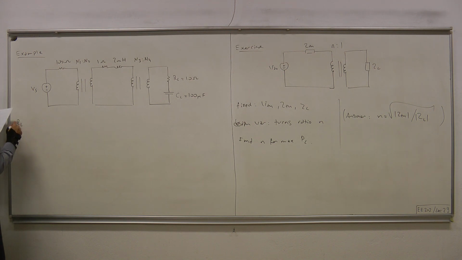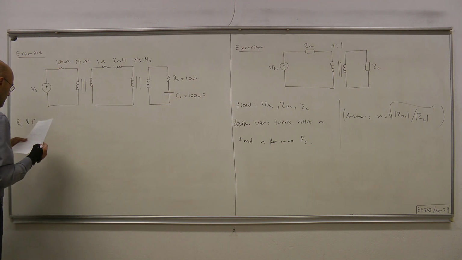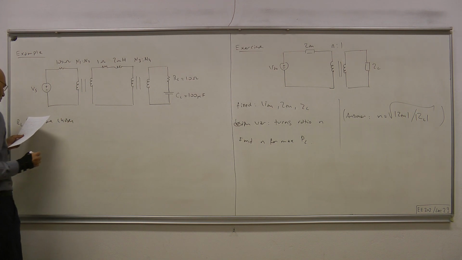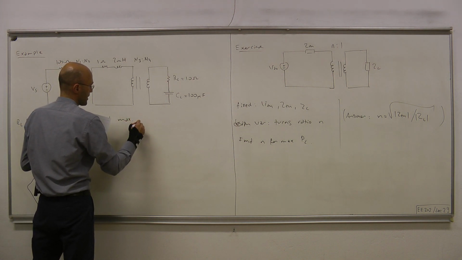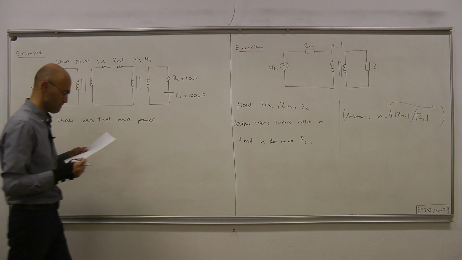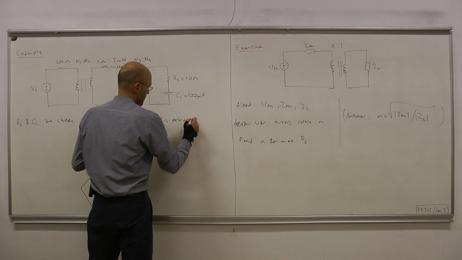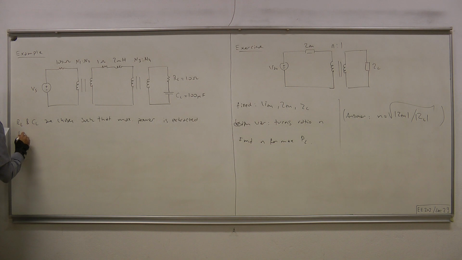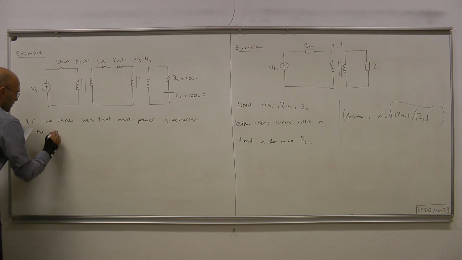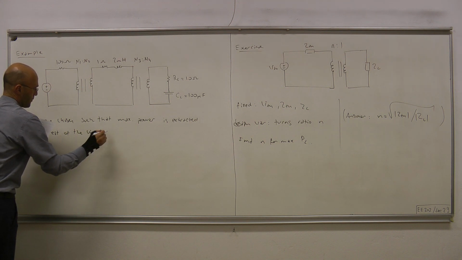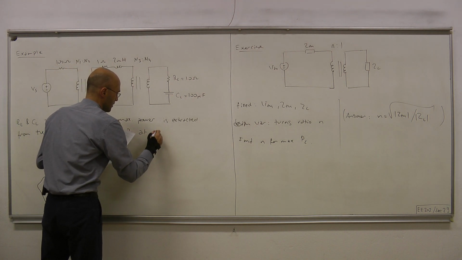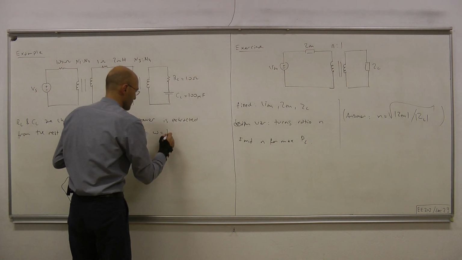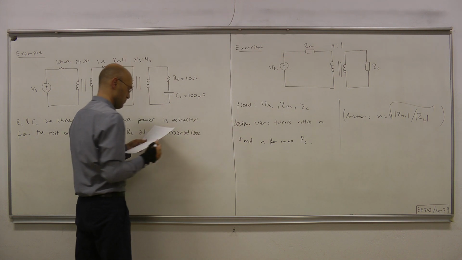Now, the story of this problem is that RL and CL, the resistance and the capacitance values, are chosen such that maximum power is extracted from the rest of the circuit by RL, at the frequency omega of 1000 radians per second.